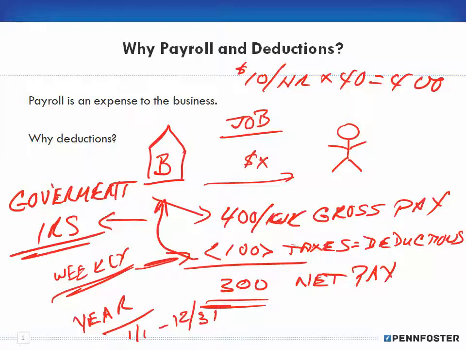You're getting paid that entire year. And then, of course, we all know that April 15th is tax day, where you submit your tax forms. Basically, that is a reconciliation as to what should and shouldn't be paid.